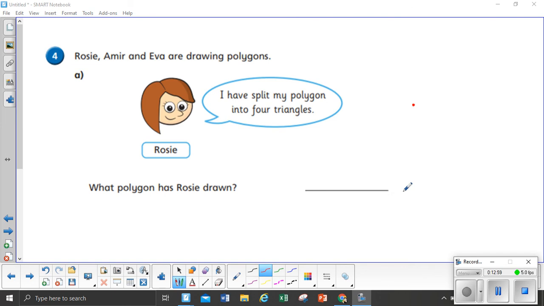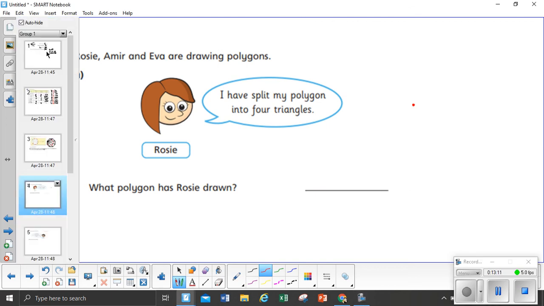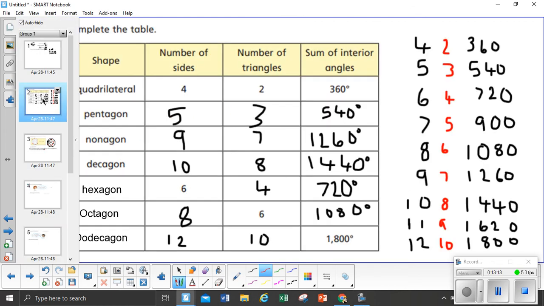Okay, the next question, we've got Rosie, Amir and Eva. This is Rosie. She said, I've split my polygon into 4 triangles. What polygon has Rosie drawn? If I look at the chart, got a number of triangles. We need to have 4. So 4 is a hexagon. Okay.